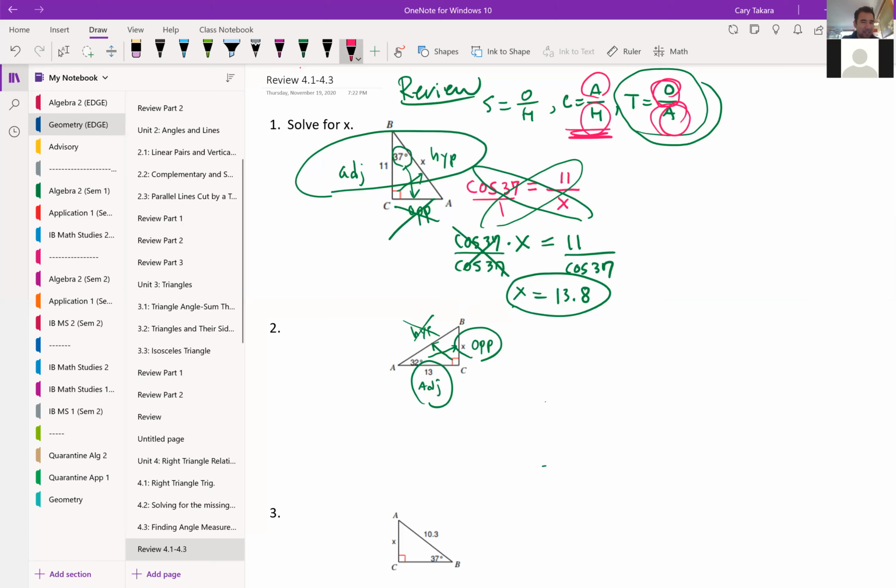So this has to be tangent. So let's set it up. Tangent of 32 equals, it's opposite, O over A, right? Opposite is x over 13. Okay. And then we're going to cross multiply.